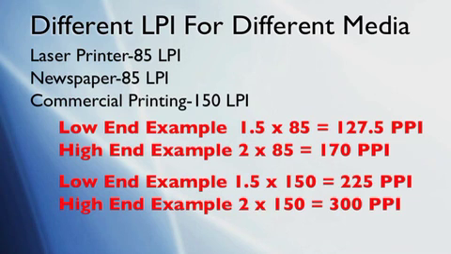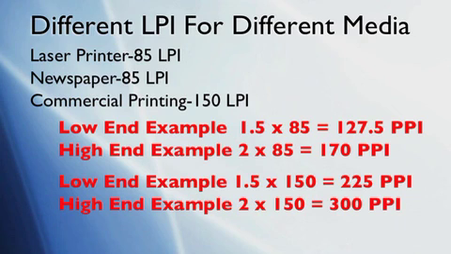On the high end, it's 2 times the LPI, so 2 times 85 is 170. And so the resolution of the images that I have and want to see printed and look good needs to be between 127 and 170 pixels per inch. If they're a little bit higher, great, but it won't make it better. But absolutely, it can't be below 127 pixels per inch. You may not get a good looking image.